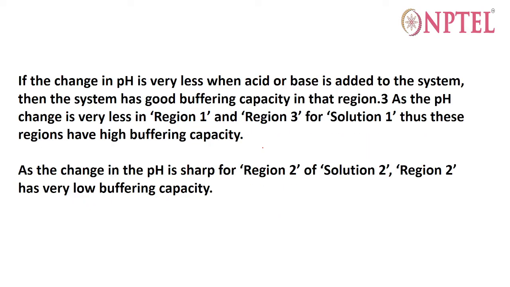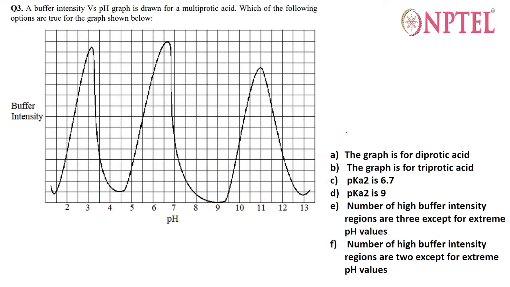Let's go to the next one. A buffer intensity versus pH graph is drawn for a multiprotic acid, right? And which of the following options are true for the graph shown below? So this is the buffer intensity versus pH graph. And also one more thing, it's a multiprotic acid.